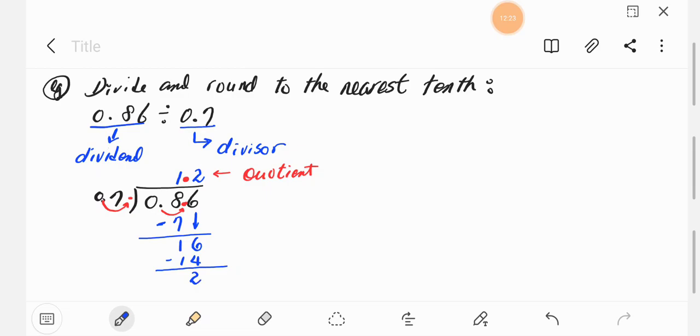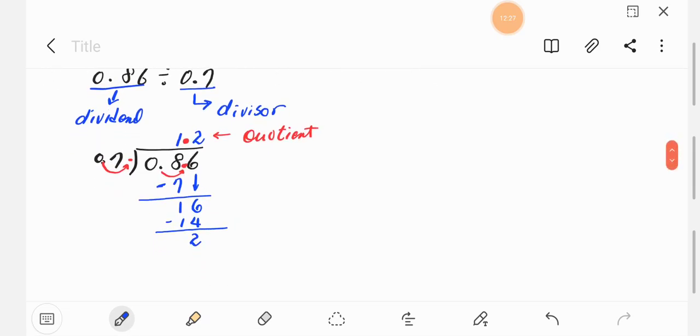So 2, and 2 is less than 7. So we cannot divide it, but we can still keep going because the decimal point allows zeros at the end. Zeros can be added as many times as needed. So bring this 0 down, then this will be 20, right? So we can do one more time.